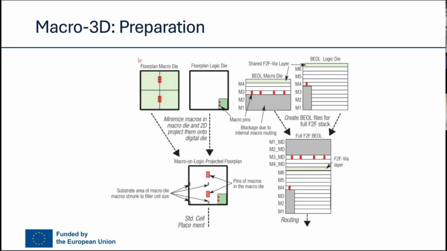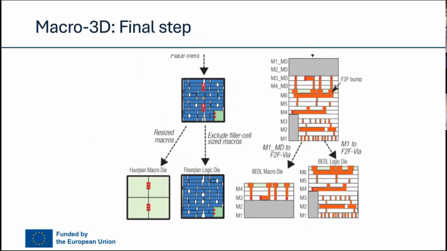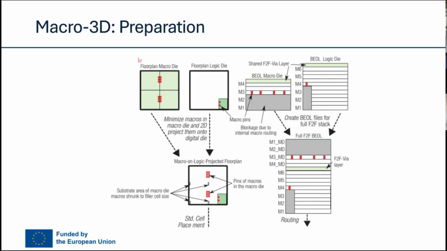This, for example, can be done by combining the LEF files of the two technologies, which allows the tool to simultaneously have a look at the complete stack. If we make a zoom to the second part, you will see that when we are doing the routing, in fact, we can combine metallization between these two tiers.